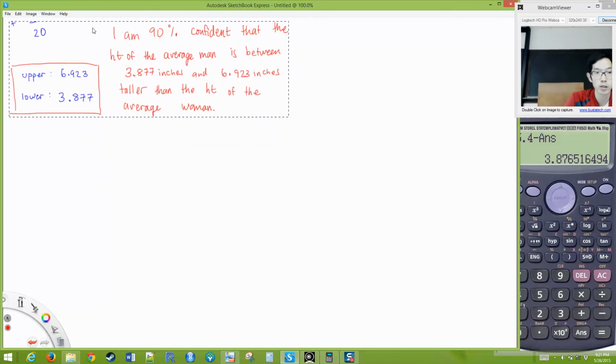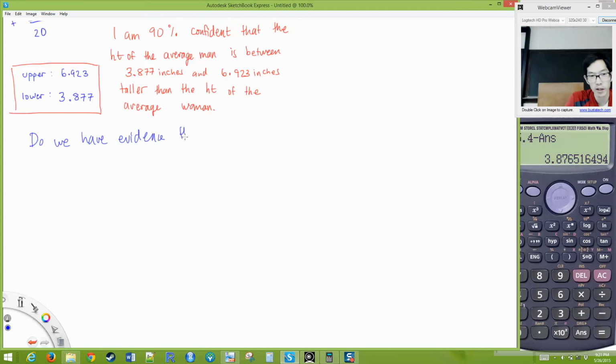So someone says, do we have evidence that there is a difference between mu1, average height of males, or average height of men, and mu2, average height of women?